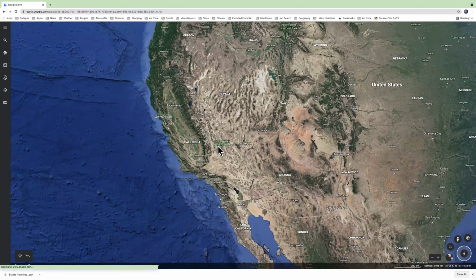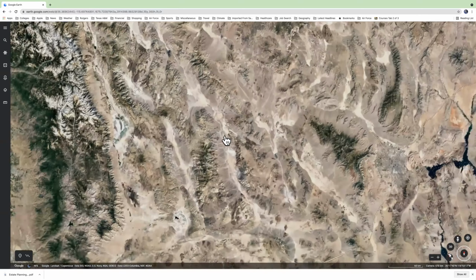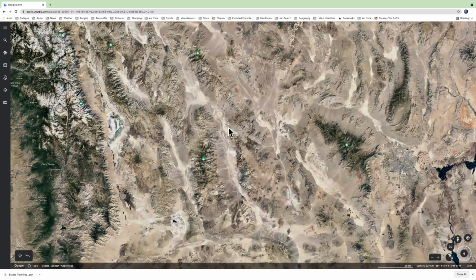In the United States, you have the hottest place on earth, Death Valley in California, and this is below sea level, and temperatures here have been as high as 136 degrees. And that's not heat index, that's actual temperature. If you ever get a chance, it's a very interesting place to go.